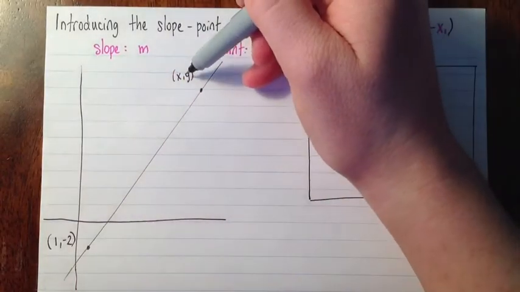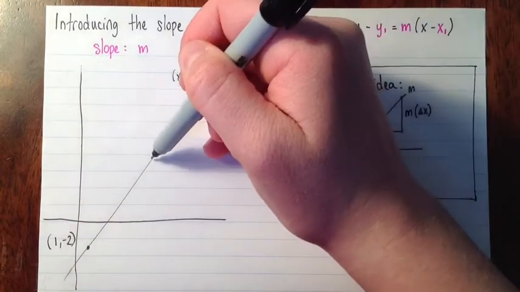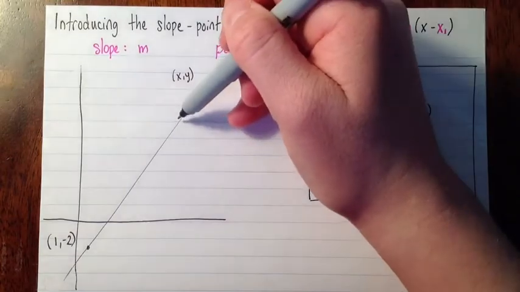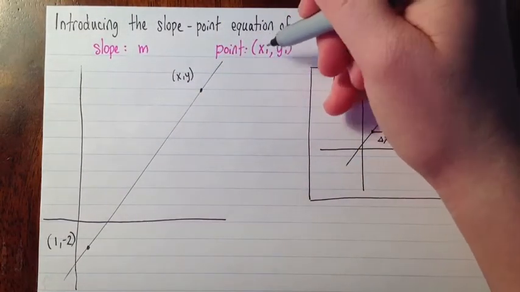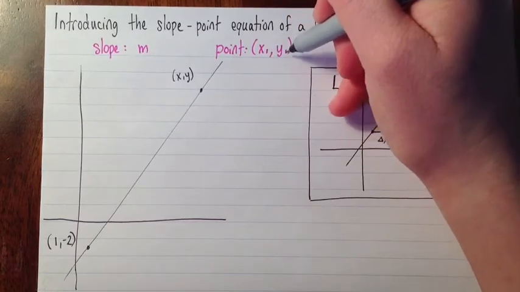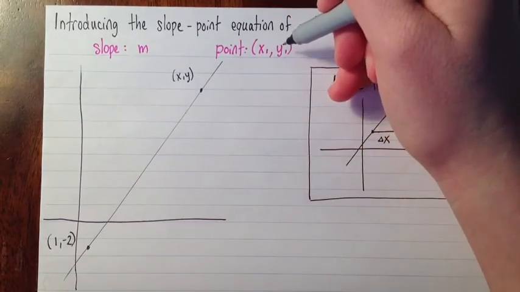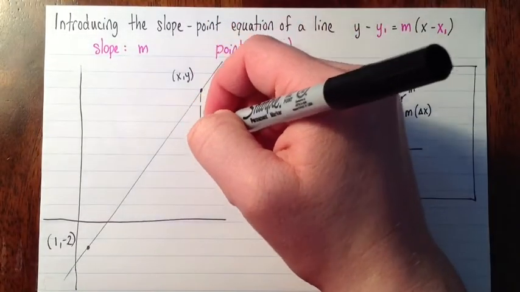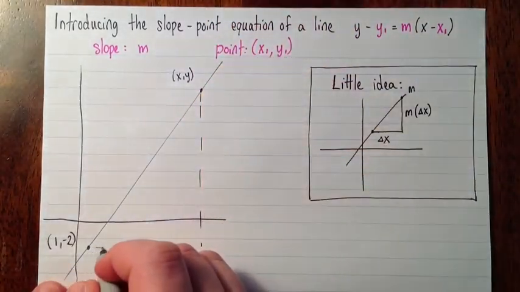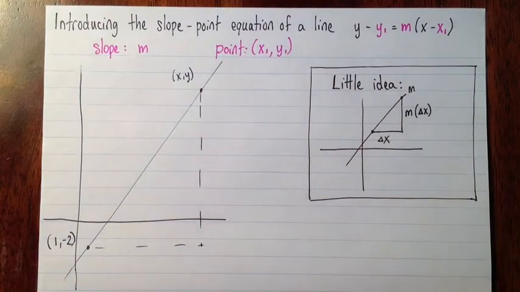And this point is actually going to be any point. It could be any single point along this line, because those points will always be x, y. Later, when we're talking about a specific x and y, we'll give them the subscript 1 to mean that's a specific point. But this could be any old x, y point. Okay, let's draw in this triangle for a second. Think about what we've got here.